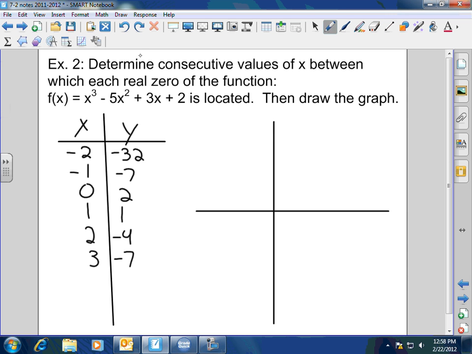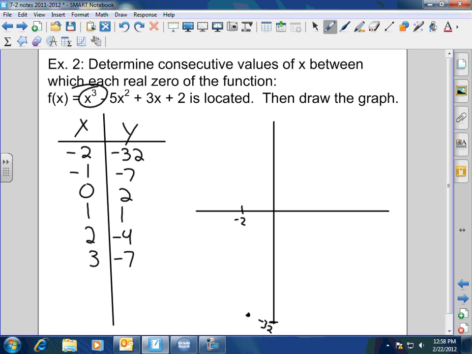Now, a student has already stated a very wise thing. This is a positive odd root. So I am going from down to up, down and up, down and up. Okay? So let's start plotting some of this. -2, let's make this down here -32. We got this bad boy right there.